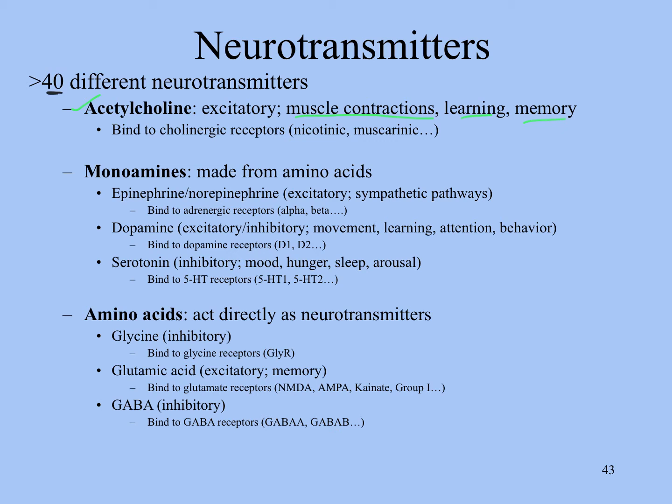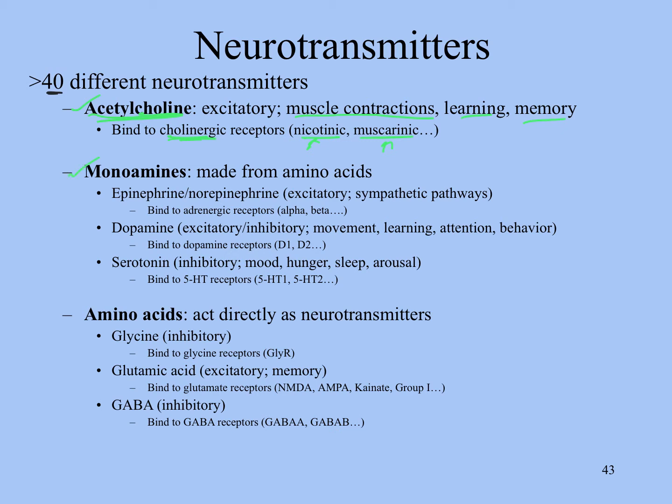And if you remember, acetylcholine binds to cholinergic receptors, and they can be of the fast type, which is nicotinic, or the slow type, which are muscarinic. And again, the reason why we have these nicotinic or muscarinic names is because there are other chemicals, such as nicotine or muscarine, that bind to these receptors as well and activate them in the absence of acetylcholine.